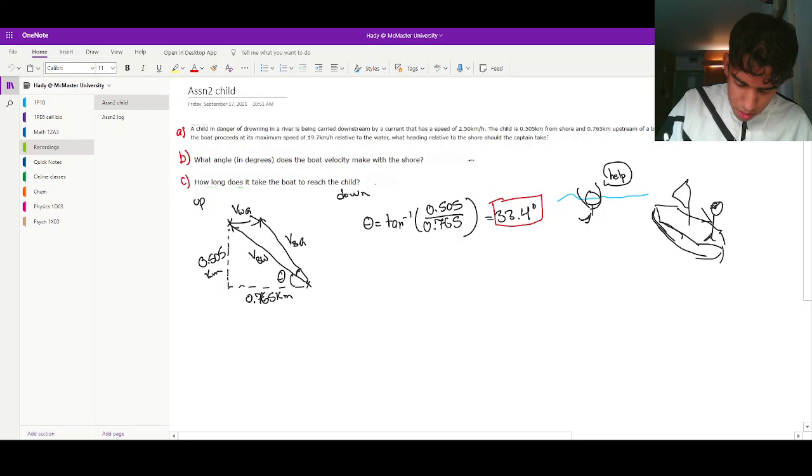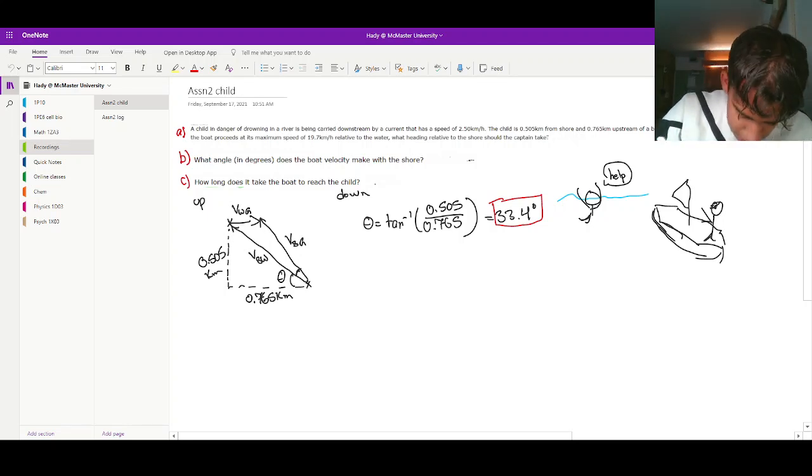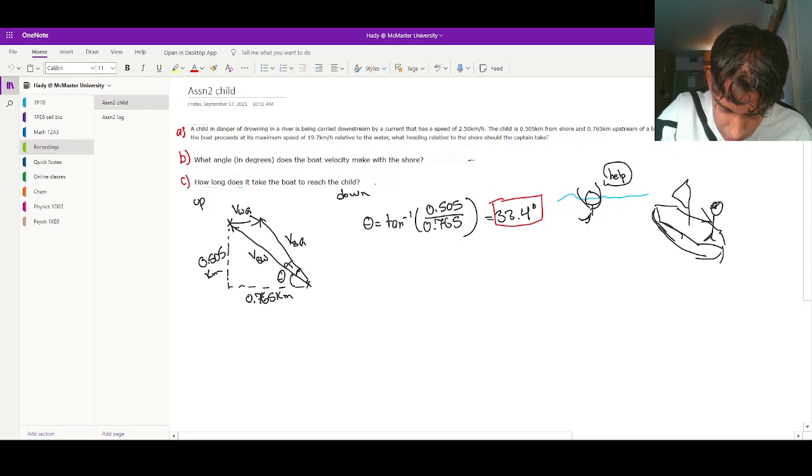Okay, so on to the next, where we want to find now what angle in degrees the velocity of the boat makes to the shore. We'll call this angle here alpha. The velocity of the boat is at alpha plus theta, so that's what we're trying to find.